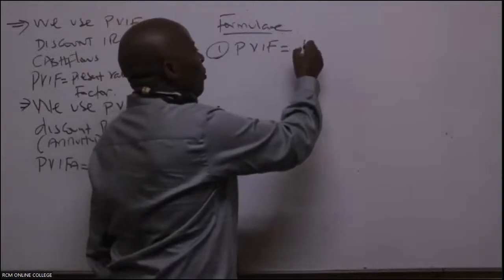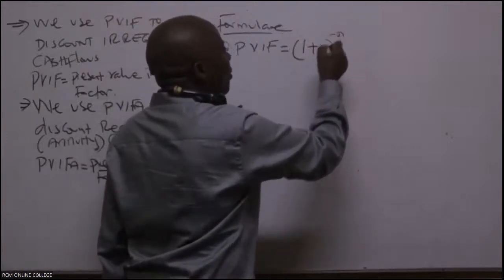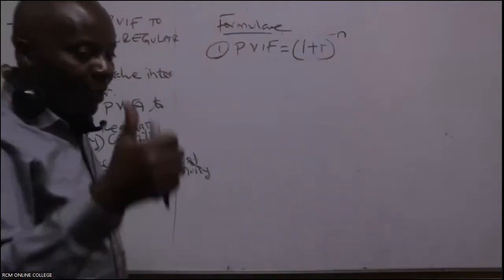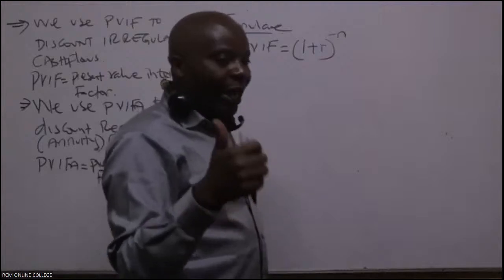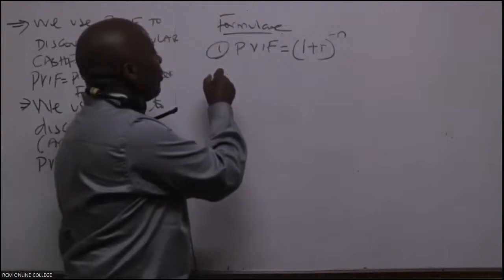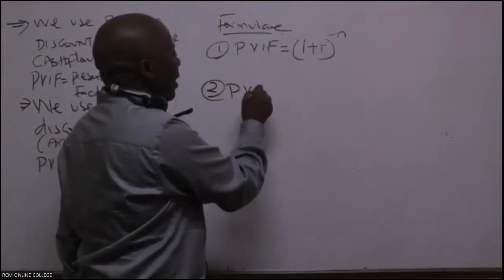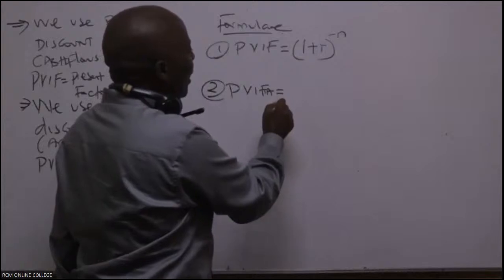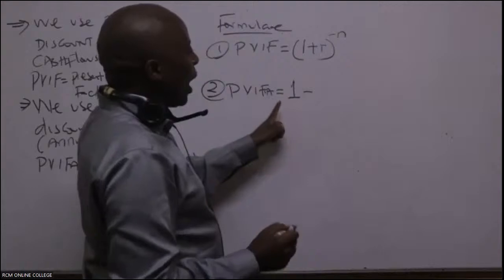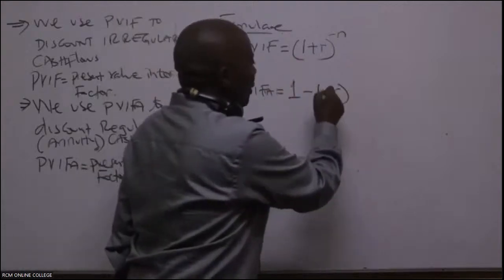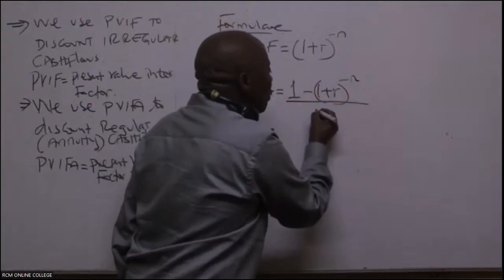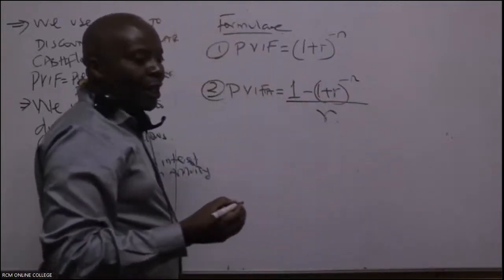To get PVIF, we normally take 1 plus r raised to negative n. That's PVIF. And then anytime they want me to give them PVIFA, how do I get it? We will always take 1 minus this formula, which is 1 plus r raised to negative n, and then everything is divided by r.